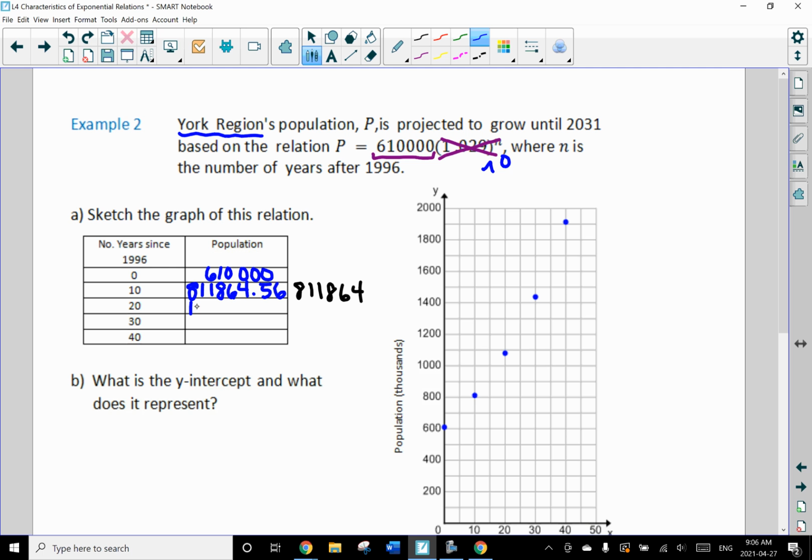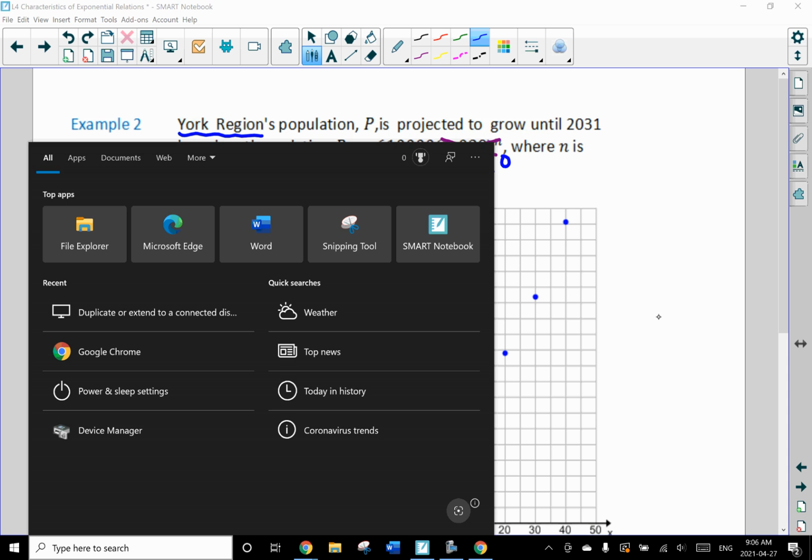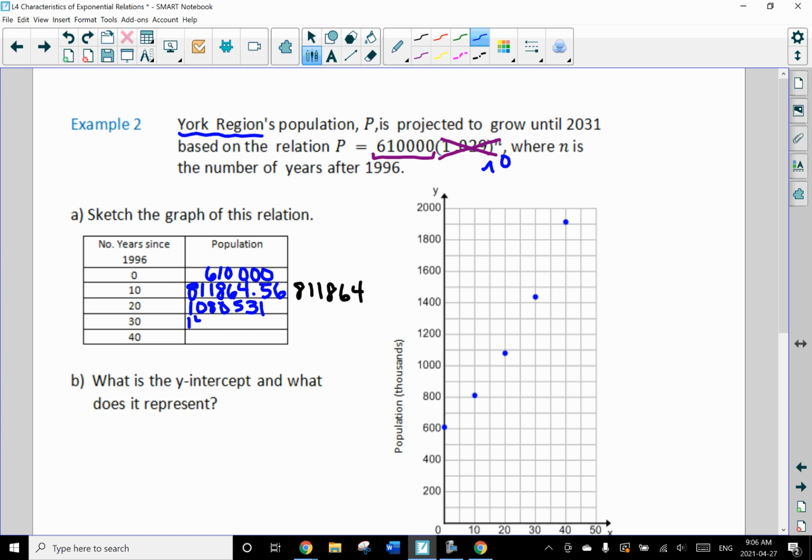20. Okay, here we go. 1,080,531. Let's calculate at 30. 1,438,106. And let's calculate at 40. 1,914,012. So those are our values for the estimated projected growth in the population.